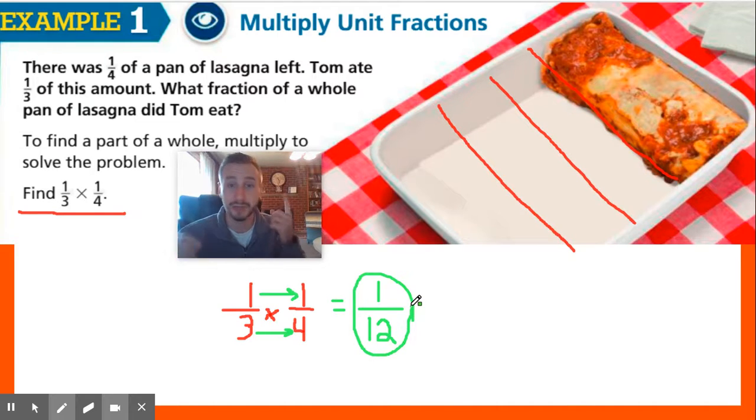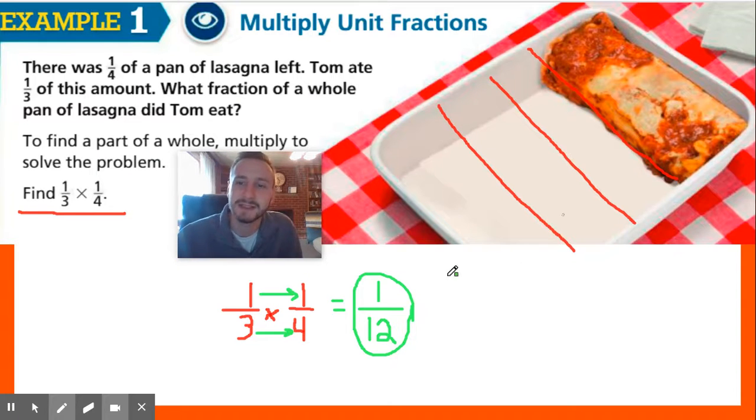All you do is you line up your fractions and then you multiply straight across. Now, in some examples, you're going to see a third step, which is just simplifying, making the fraction as small as you possibly can. In this one, there is no simpler fraction. 1/12 is the smallest we can get.